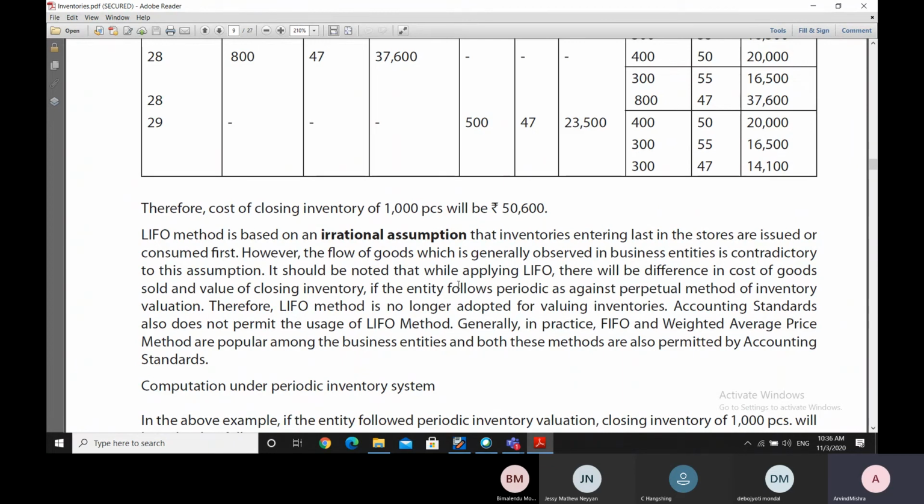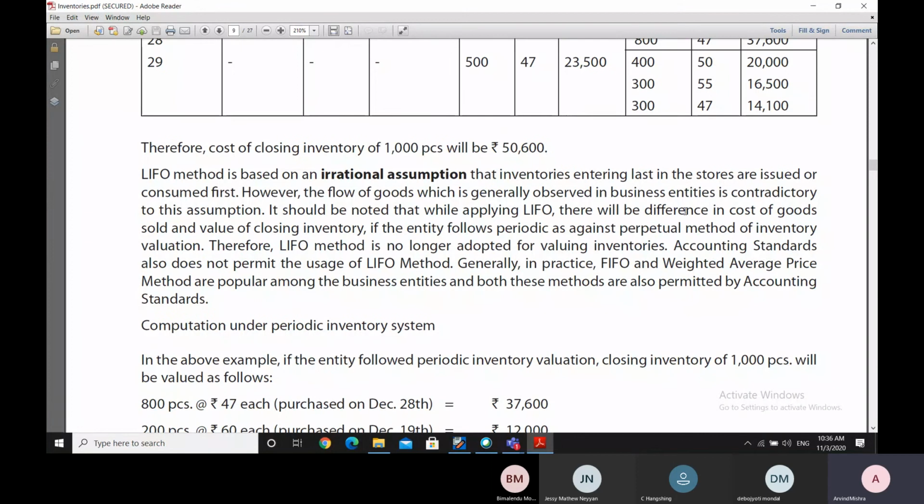It should be noted that while applying LIFO, there will be a difference in the cost of goods sold and the valuation of the closing inventory if the entity follows the periodic as against the perpetual method of inventory valuation. If this entity follows the periodic system and not the perpetual system, then in these two systems, the cost of goods and the valuation of closing inventory will change.